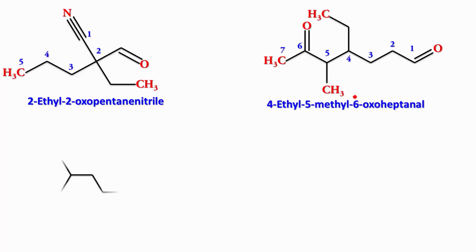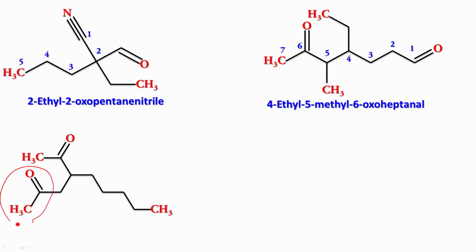Try this one. As you can notice, there are 2 ketones. They are the only functional groups present. So when the principal functional group is present more than once, select the chain with the maximum number of principal functional groups, and number it from the side so that both of them get as low a number as possible.